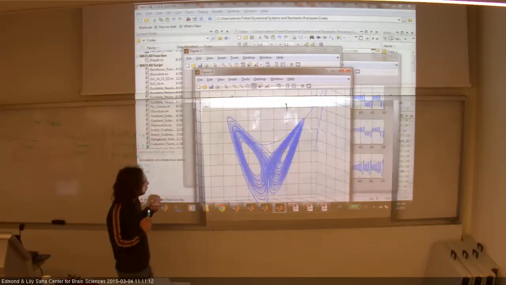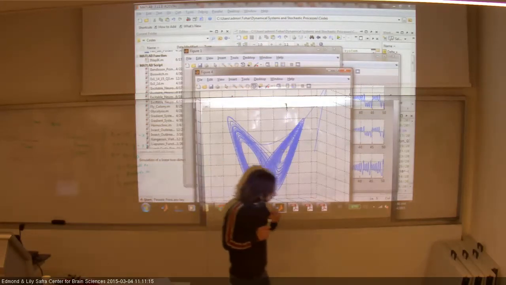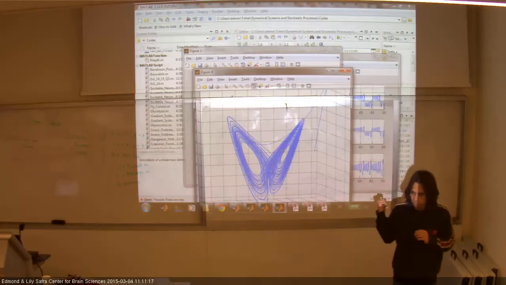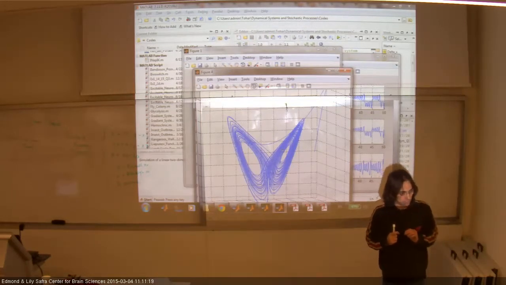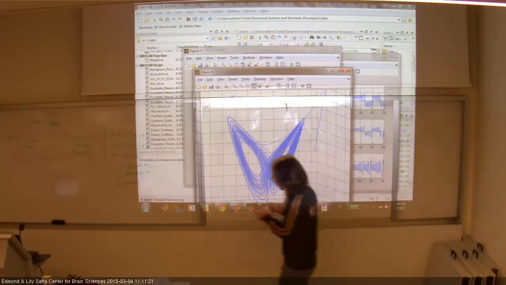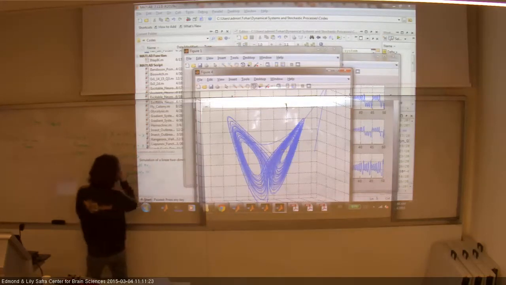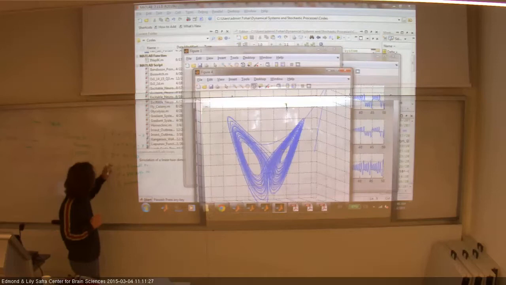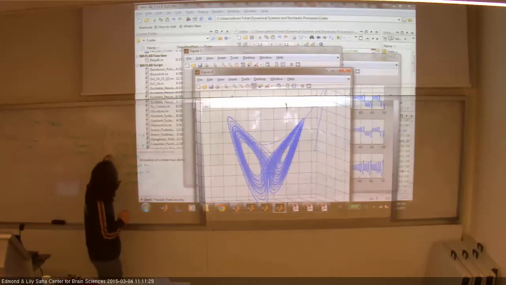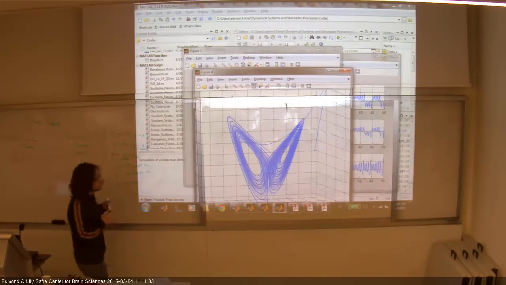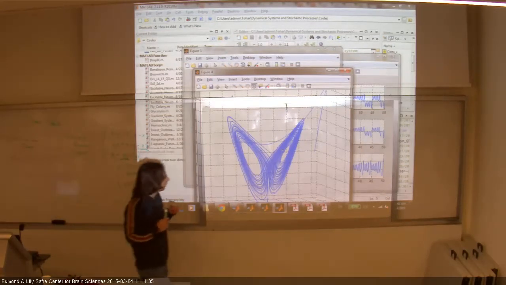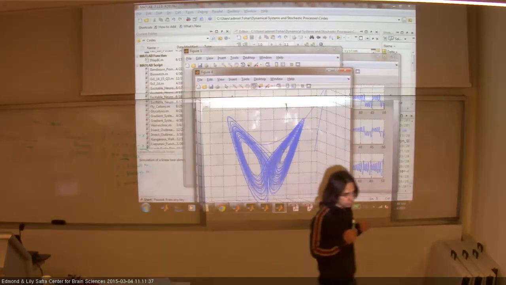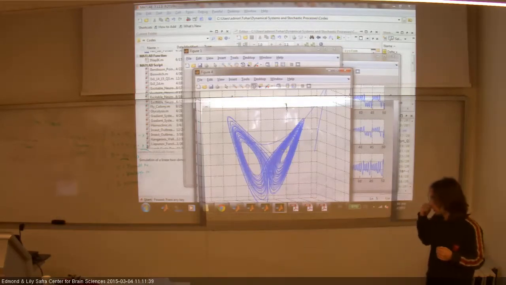Now remember that our system is deterministic. There is no noise in the system. All the special properties here arise from the fact that it's nonlinear. Here we have a nonlinear term, and here we have a nonlinear term. So the nonlinearities in 3 dimensions give us this.